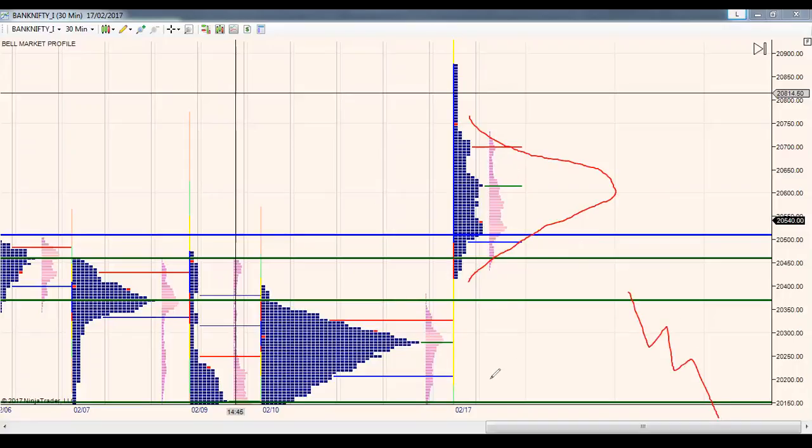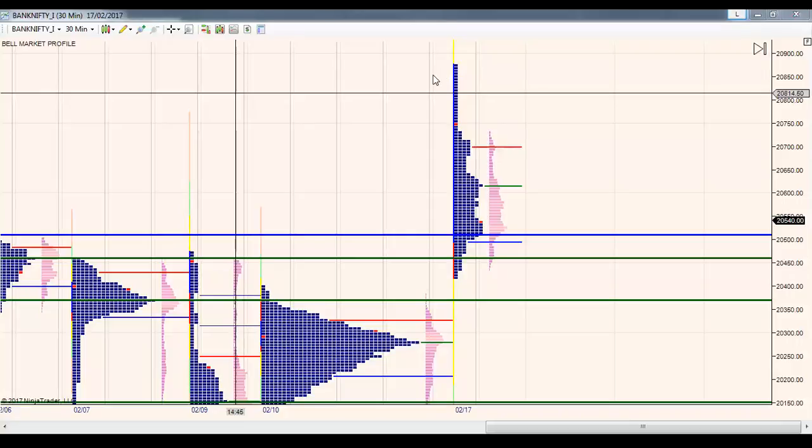So somebody was asking about island profiles. If this kind of development happens tomorrow, we trade here, form a nice balance, and maybe on Tuesday we leave this complete balance and move down, then this might become an example of an island profile. So that is my view on Bank Nifty.